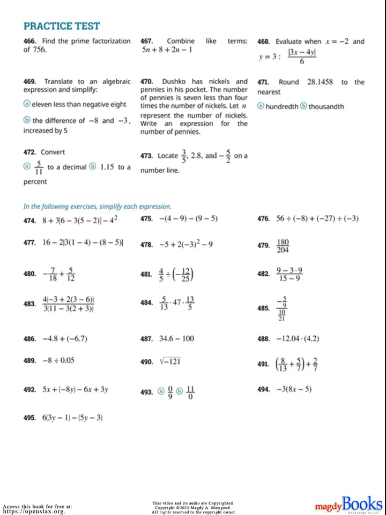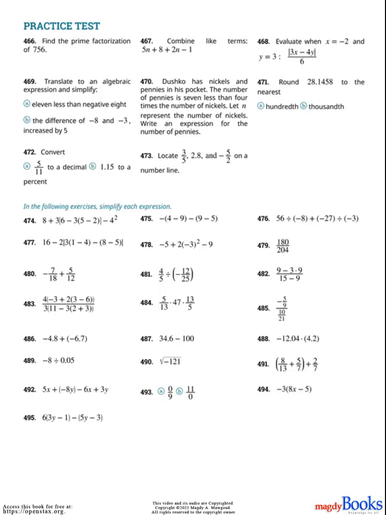Negative (4 minus 9) minus (9 minus 5). 476. 56 divided by (negative 8) + (negative 27) divided by (negative 3).